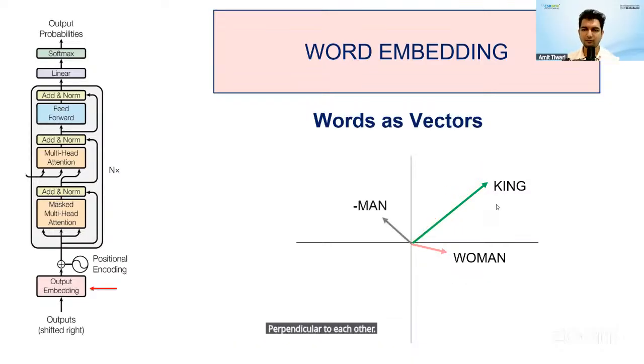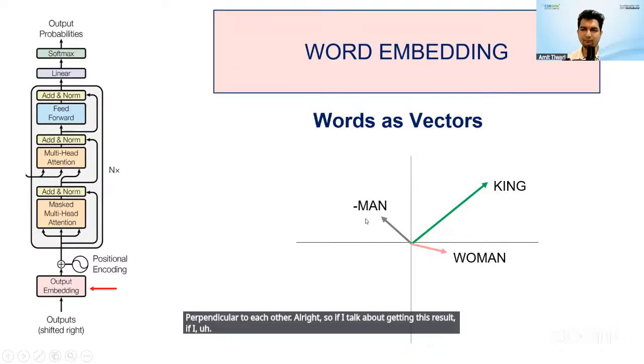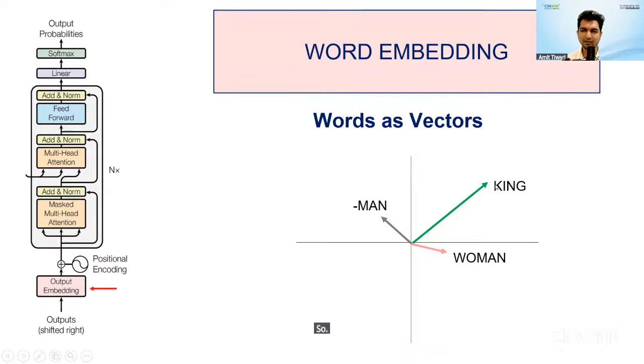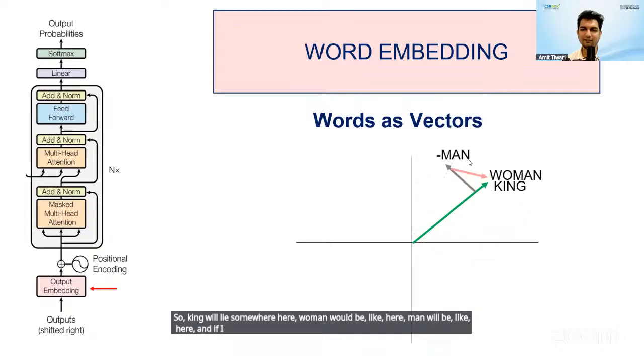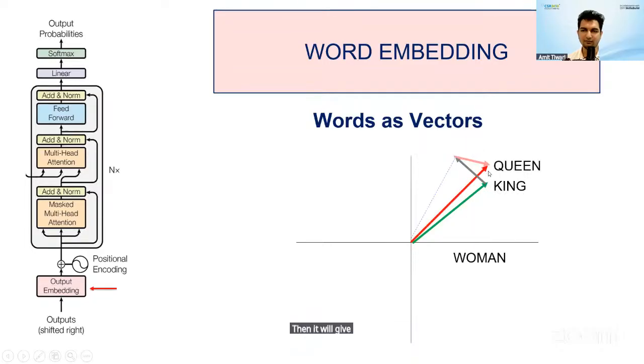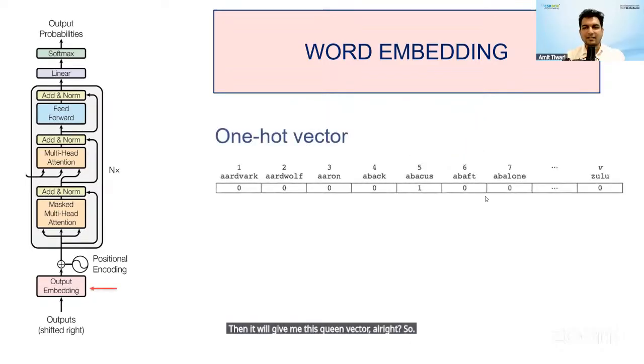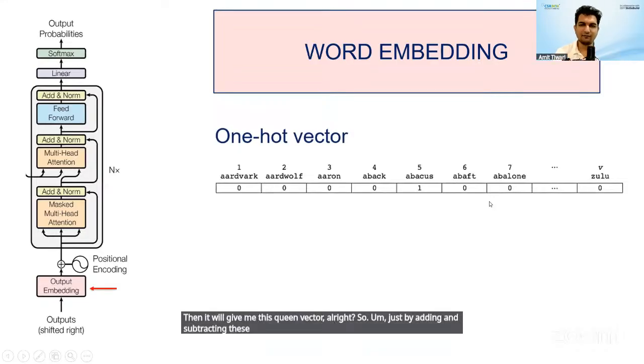If I talk about king, man, and woman, these word vectors will be like this. King will lie somewhere here, woman here, man here. If I add the negative of man to king and add this woman vector, it will give me this queen vector. So just by adding and subtracting these vectors, I will be able to understand the similarity between these words.